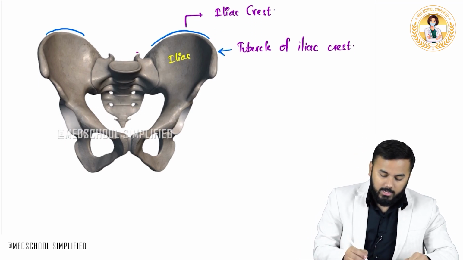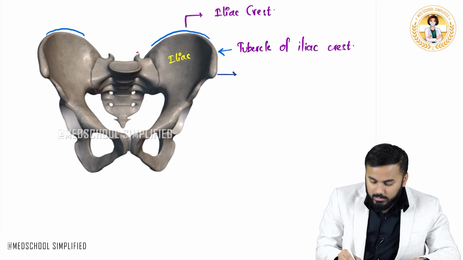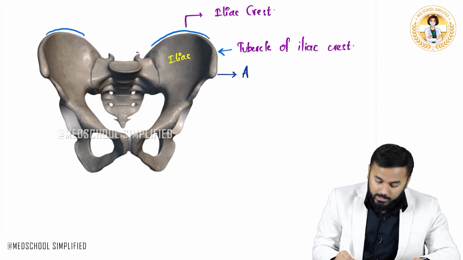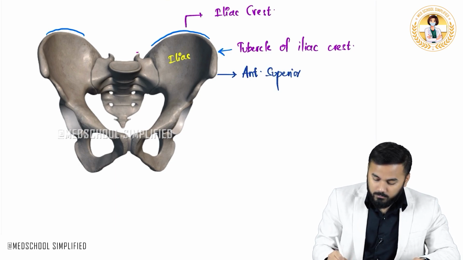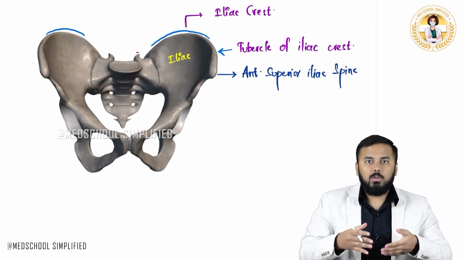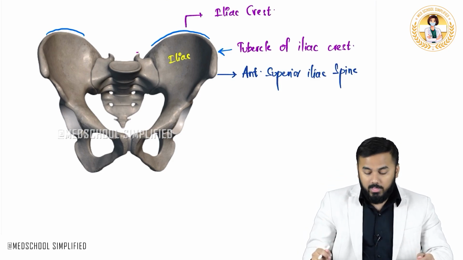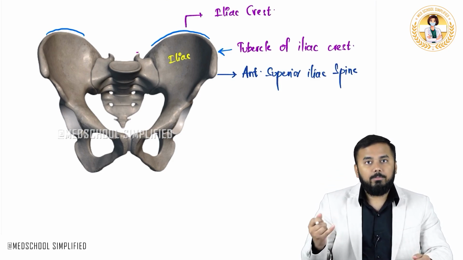The second important thing is that you can see a small spine on the anterior side, this is called the anterior superior iliac spine. Why? Because you are looking at an anterior view of the pelvis. Superior because it is on the top, and it is a spine of which bone: ilium, ischium or pubis?